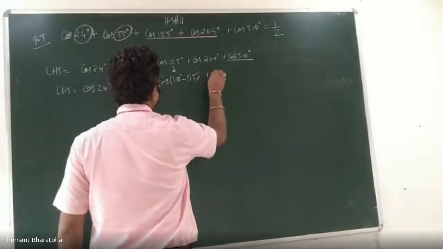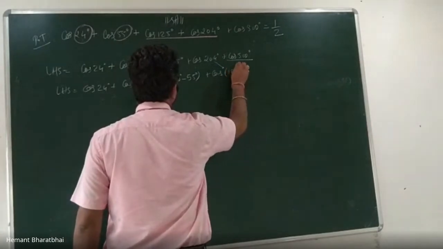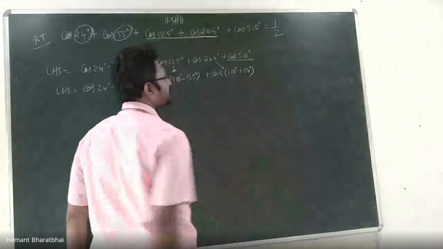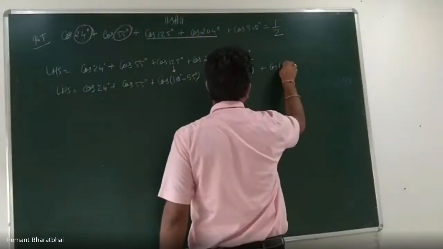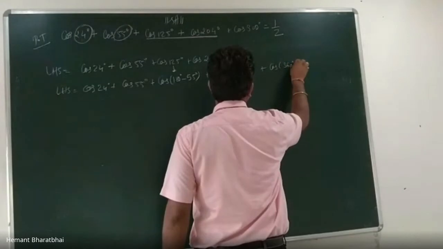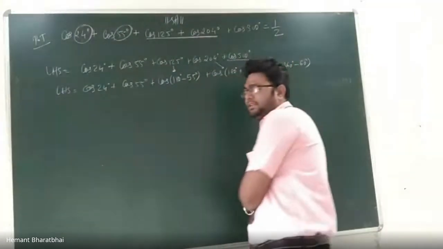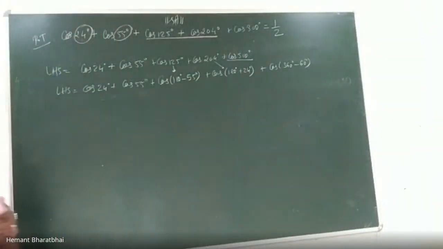Similarly, plus cos of 204 degrees can be written as 180 degrees plus 24 degrees, plus cos of 300 degrees can be written as 360 minus 60. So when I subtract 60 from 360, I'll get 300. So 300 can be written as 360 minus 60.